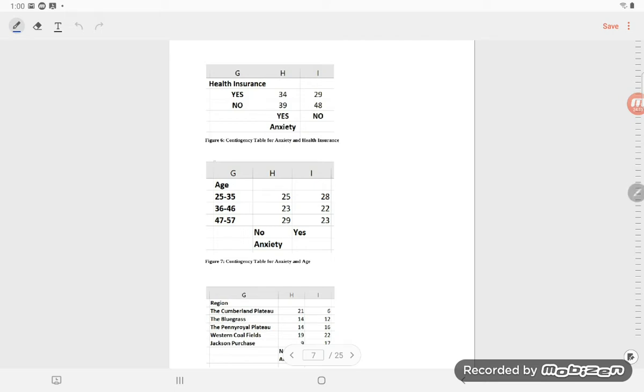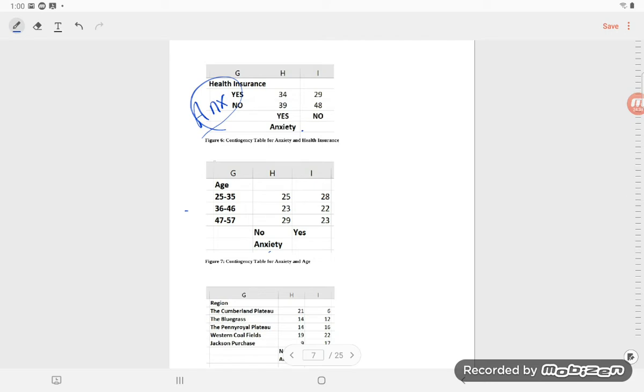So again, here's health insurance and anxiety, age and anxiety. Now, I'd probably put anxiety over here every single time that anxiety is in it, because it's the response variable. But that's just me. That's the way I would do it.